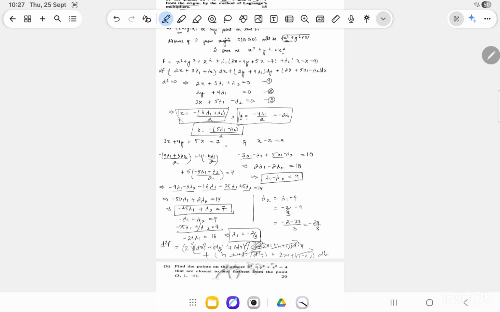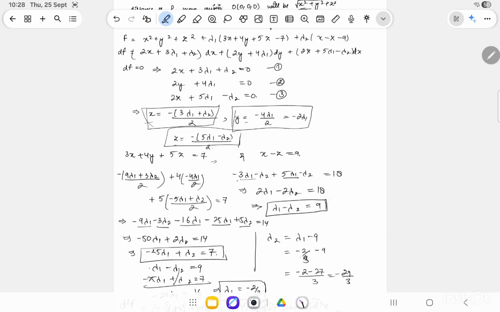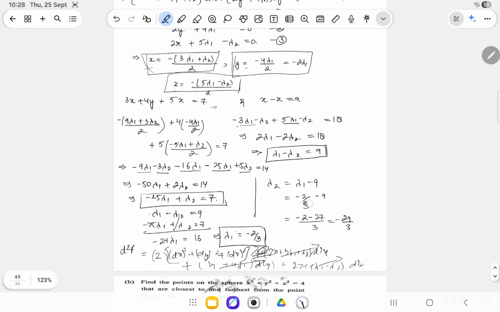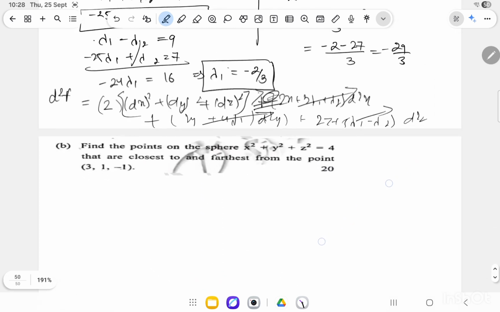So that basically gives us that the distance will be minimum. So you can just plug in values of lambda 1 and lambda 2 here in these values of x, y and z, and that will give you a specific point.